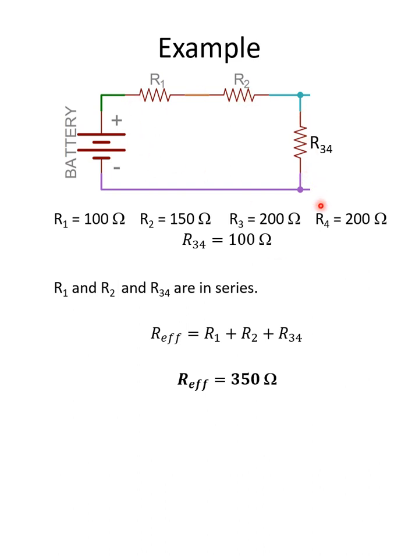We're not going to worry about the separate 3 and 4 again as we figure out the total resistance. Now we just have these 3 in series. R1, R2, and R34 are in series with each other. So the effective resistance is the sum of those 3 series resistors: 100 ohms plus 150 ohms plus 100 ohms. That gives us 350 ohms. So that's the total effective resistance.